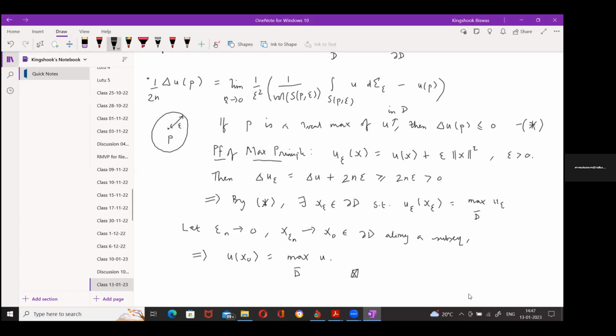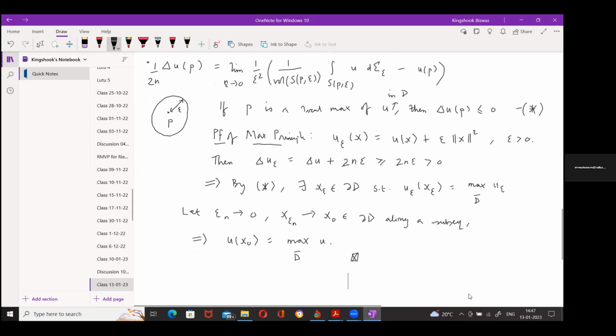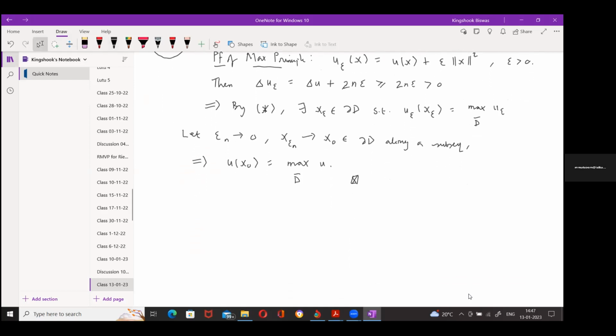Now, there's also a maximum principle for the heat equation, or for the heat operator. So let's define the heat operator. This is also very useful, this maximum principle. So L is the Laplacian minus del del t. This is an operator acting on functions in n+1 variables.